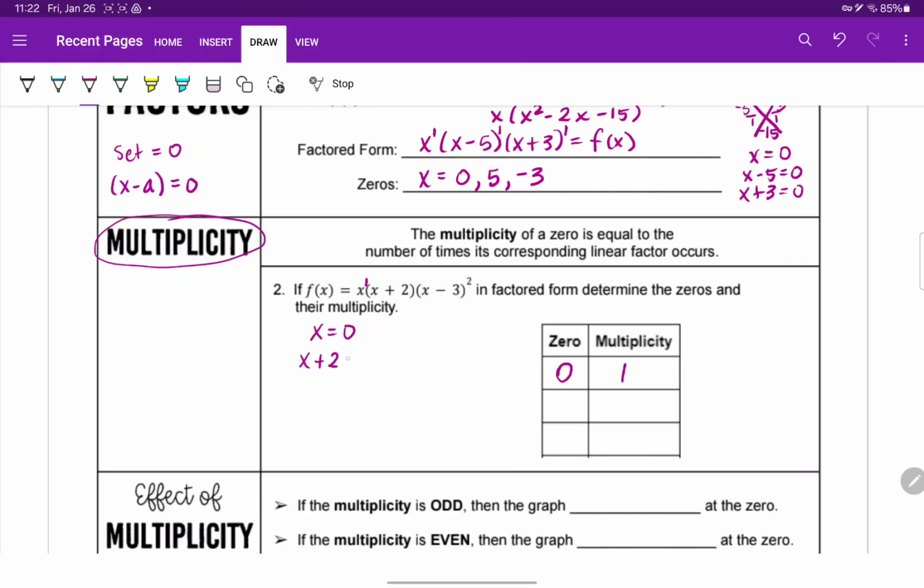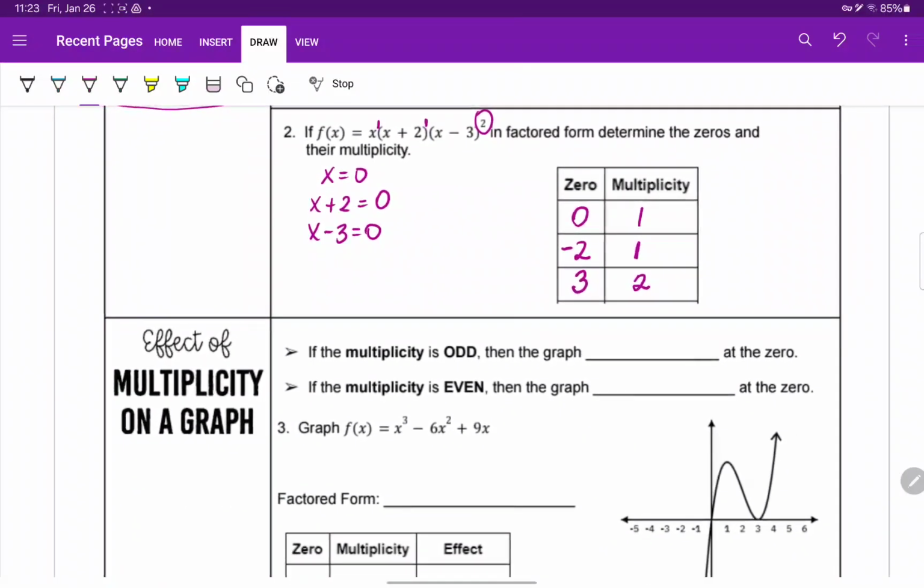The x plus 2 equals 0 would give me a 0 of -2, but again, the power on this factor is a 1, so I have multiplicity 1. The last factor would be x minus 3, which means my last 0 is +3, but it's having a power of 2, which makes my multiplicity 2, because remember, power 2 means that there are two factors that are identical.